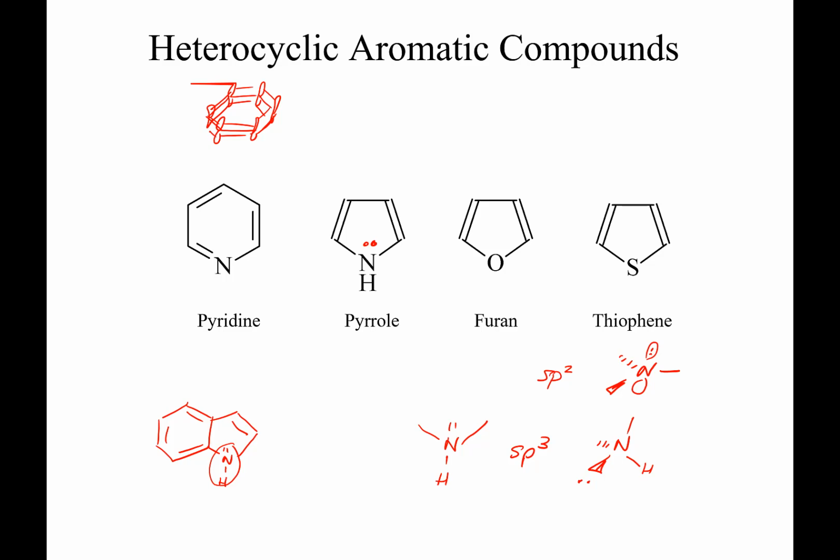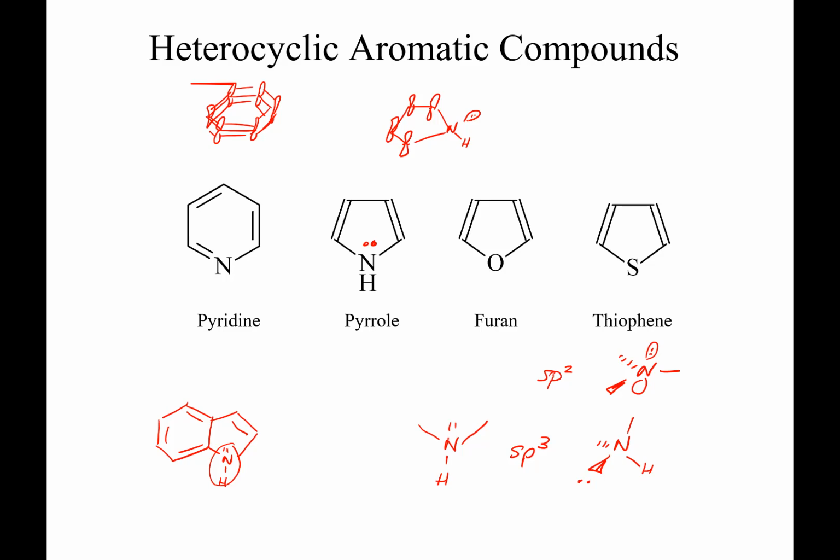So if I take this nitrogen system, this pyrrole, and I leave it as sp3, it can't be aromatic, because in that case, the nitrogen's going to put the lone pair and the hydrogen into sp3 hybridized orbitals, and that sp3 orbital, number one, isn't a p orbital, and so it can never become parallel with the rest of them and form a continuous chain.